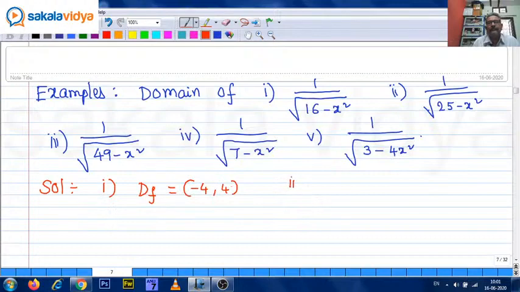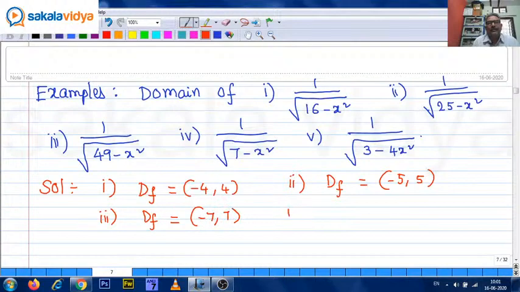Second, domain of f is equal to minus 5 comma 5. Am I correct now? Next, third, domain of f is equal to minus 7 comma 7. Fourth is important. Domain of f is equal to minus root 7 comma root 7.